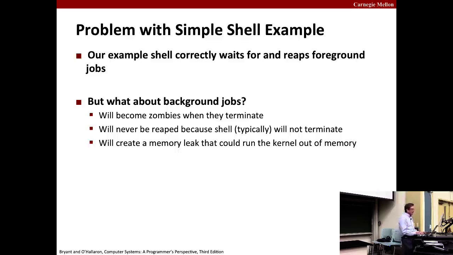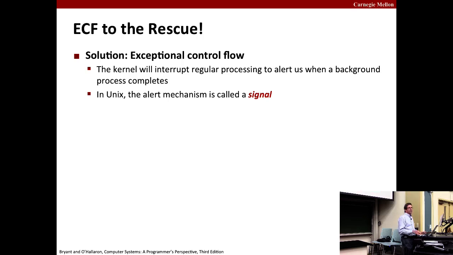So what are we going to do about this? Well, it turns out that exceptional control flow will help us solve this problem. And what happens is that the kernel will notify the shell when any of its children terminate. Okay? And then the shell can then react to that and issue a waitpid.